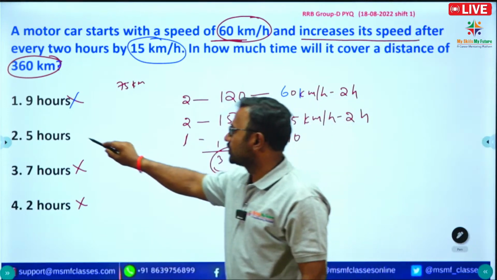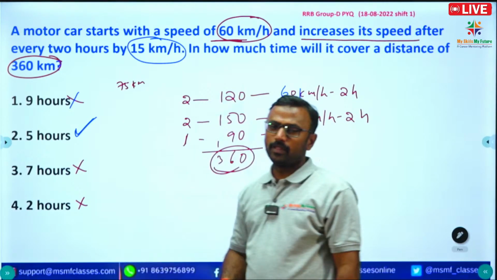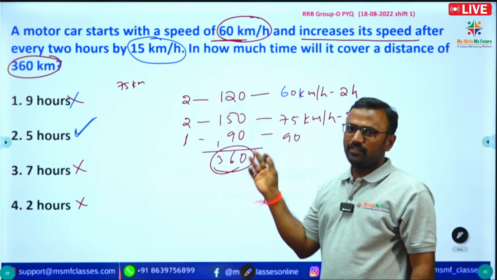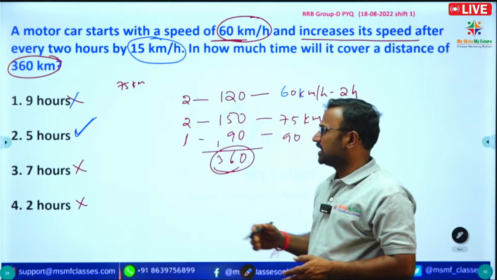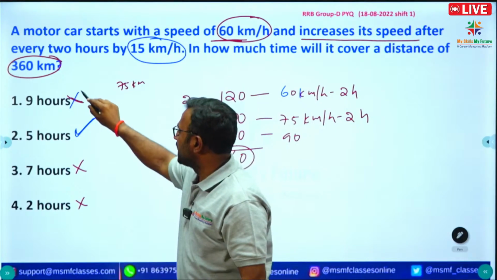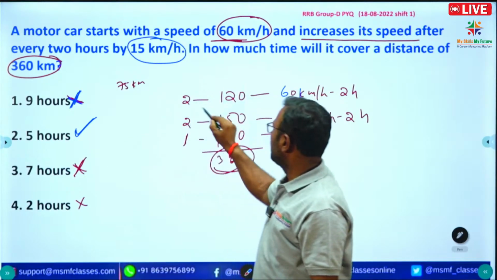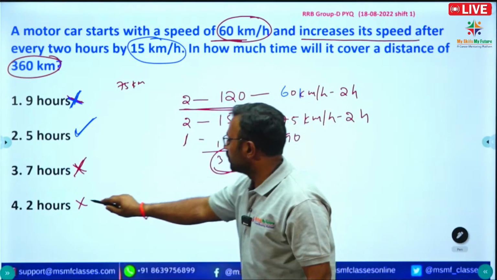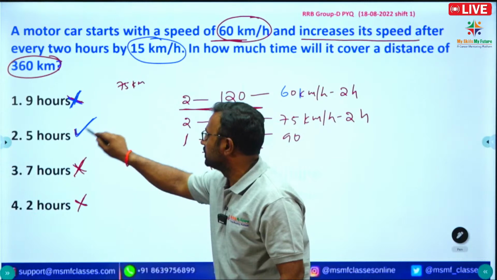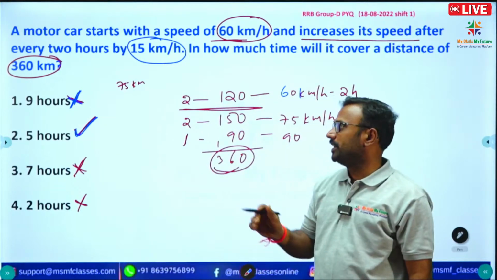So only option 2, 5 hours, fits. If we go with the formula, we take a lot of time. Just eliminate the options which are not satisfied by themselves.